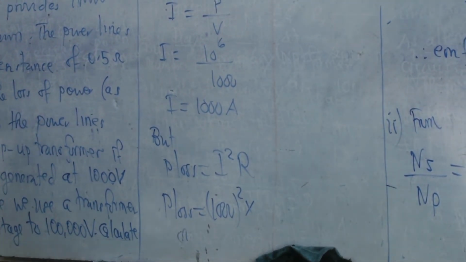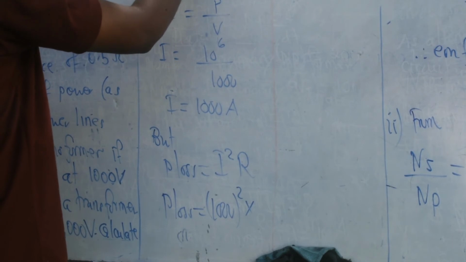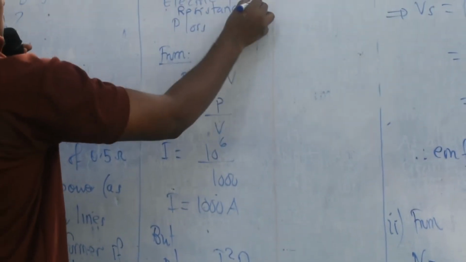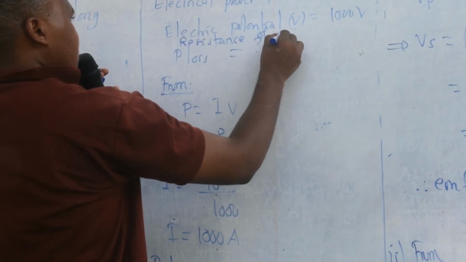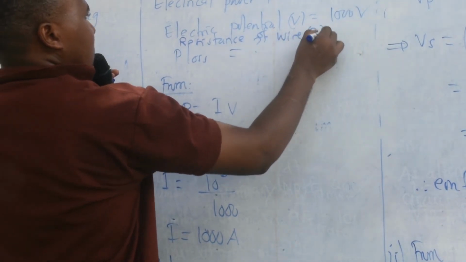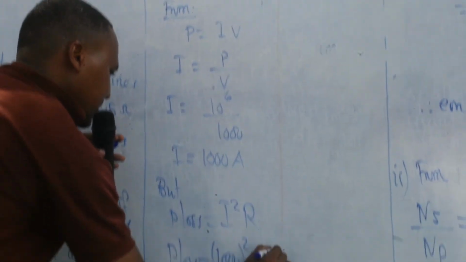What is the resistance? Sorry, I forgot to record this data here. The resistance of the copper wire is 0.5 ohms. So we multiply by 0.5.